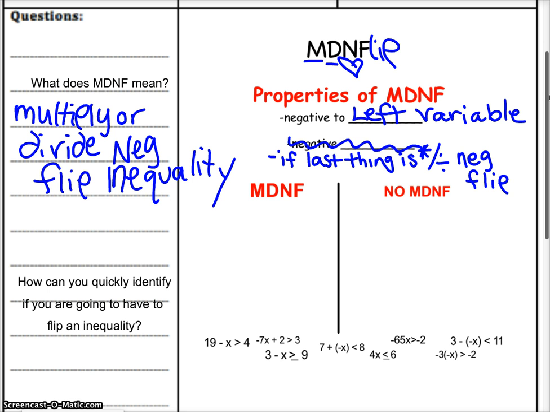MDNF. Multiply, divide by a negative, flip it. MDNF it, that's what that means. So MDNF just means flip. So if I say you forgot to MDNF it, what I mean by that is you forgot to flip your inequality.